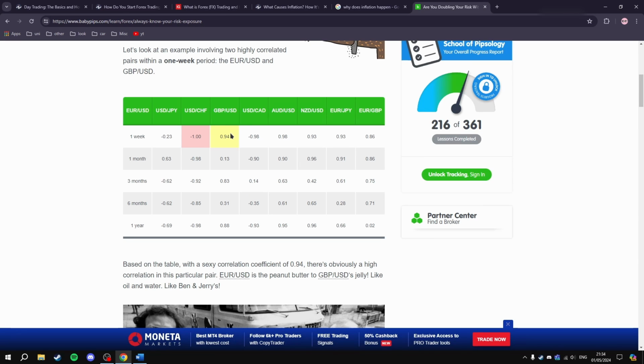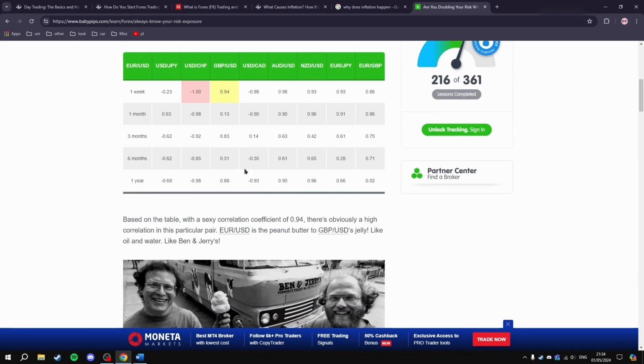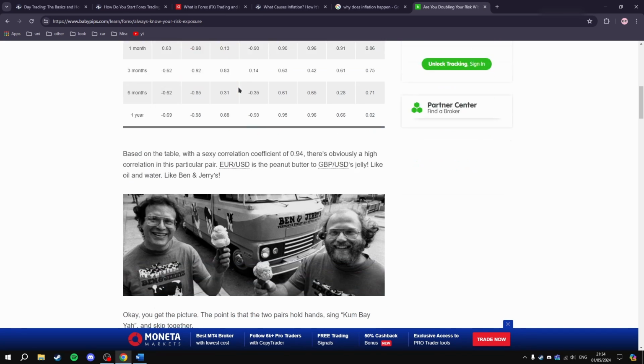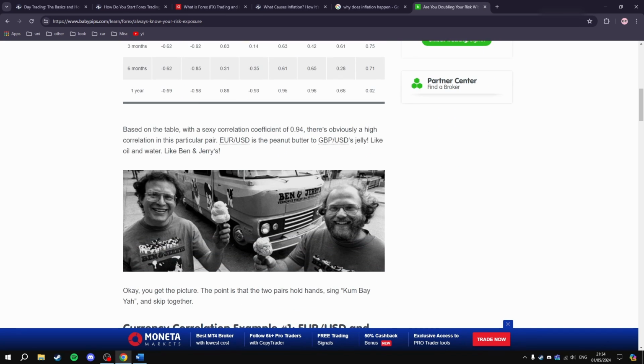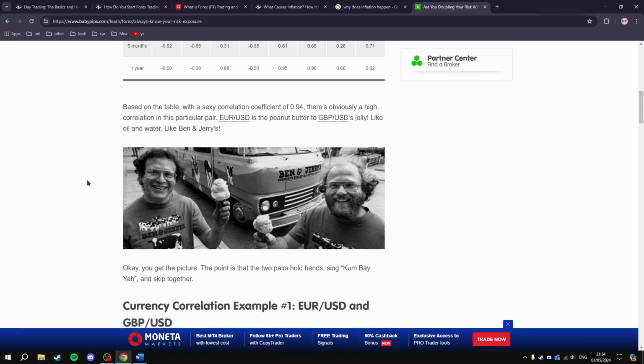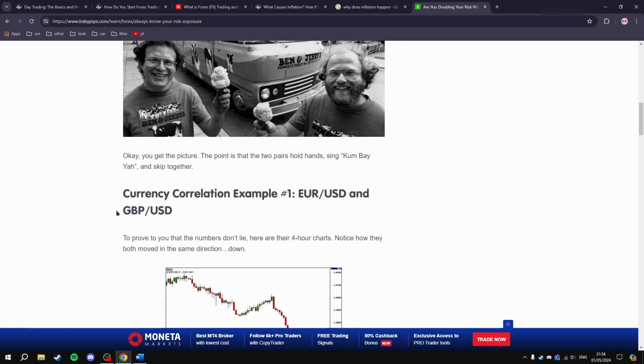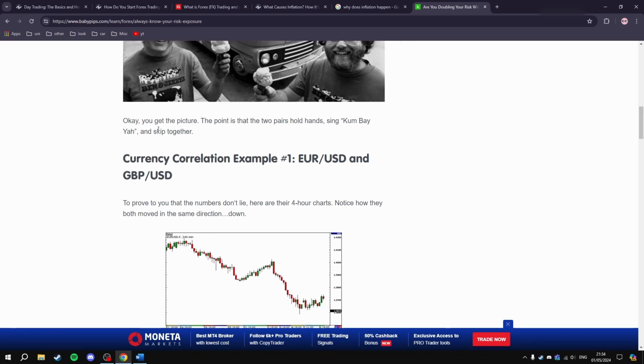Euro-USD is the peanut butter to GBP-USD's jelly. Like oil and water, like Ben and Jerry's. Okay, you get the picture. The point is that the two pairs hold hands, sing Kumbaya and skip together. Currency correlation example number 1, Euro-USD and GBP-USD.